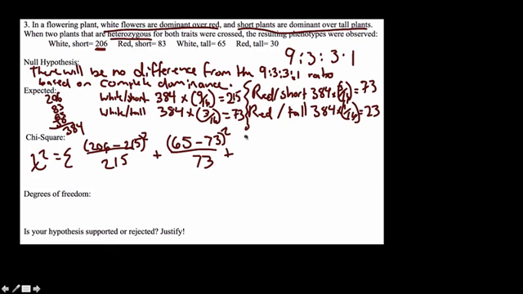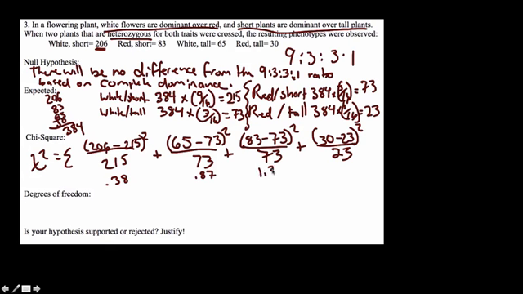So red short, we have 83 minus 73 squared divided by 73. And finally, the last one, 30 minus 23 squared divided by 23. And if we do these numbers, you should get 0.38 here, 0.87 here, 1.37, and 2.13. And if we add all of these together, you get a value of 4.75.